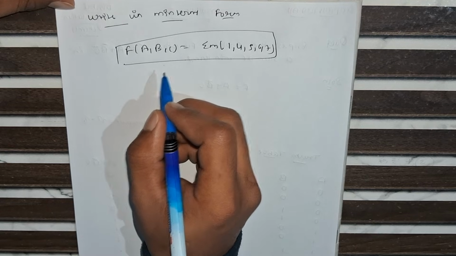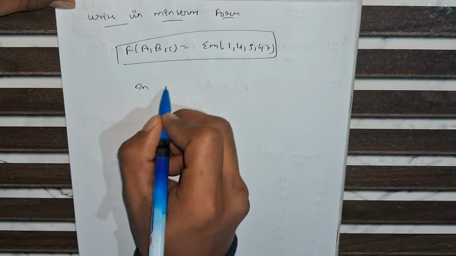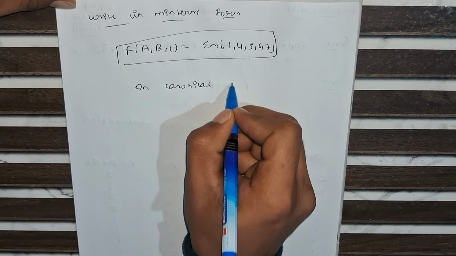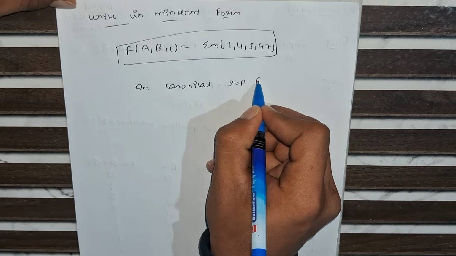And how can we write it in canonical SOP form, sum of product?